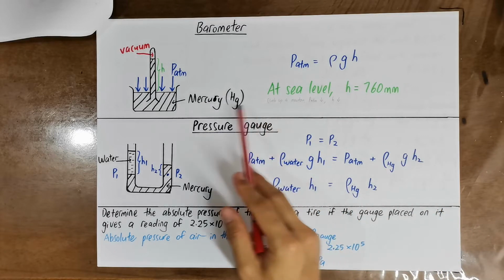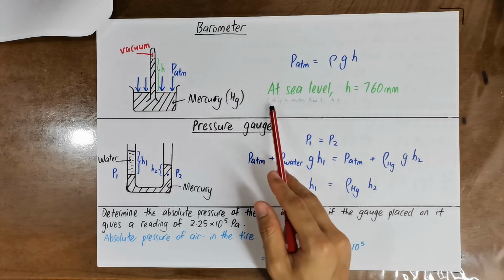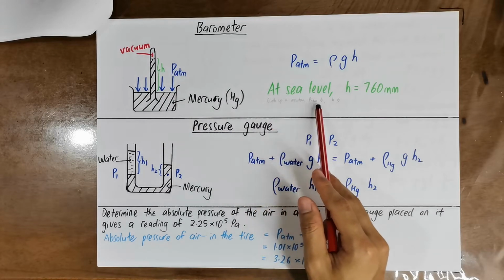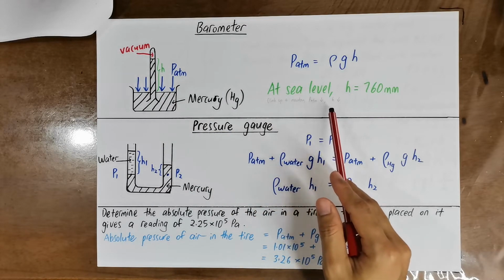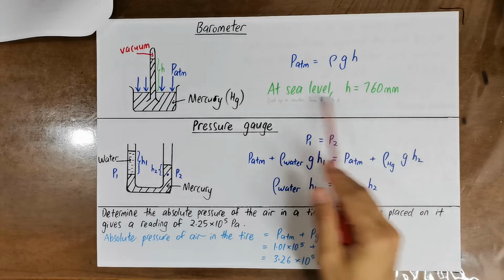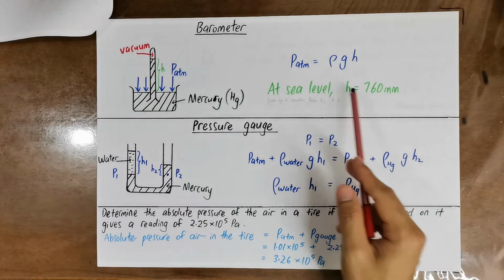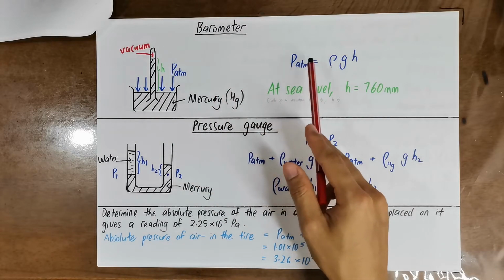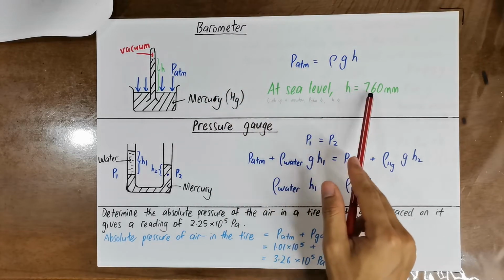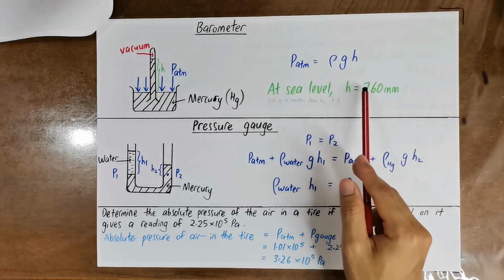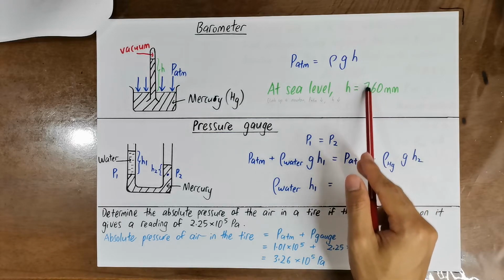If you take this barometer with you when you are climbing up a mountain, the pressure you feel decreases, and therefore h will decrease also. If the atmospheric pressure increases, then h will increase also, and exceed the value of 760 millimeters.